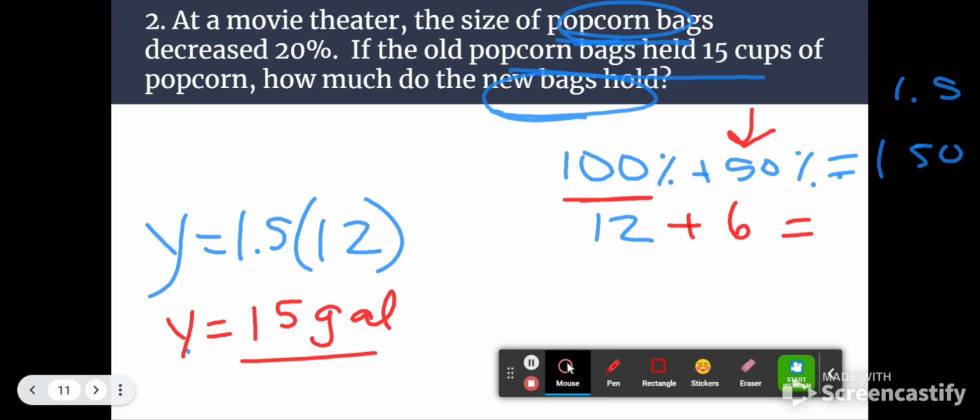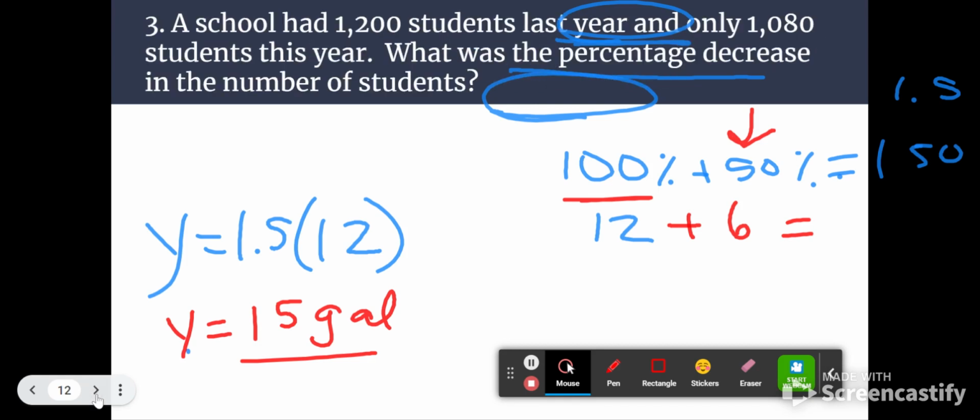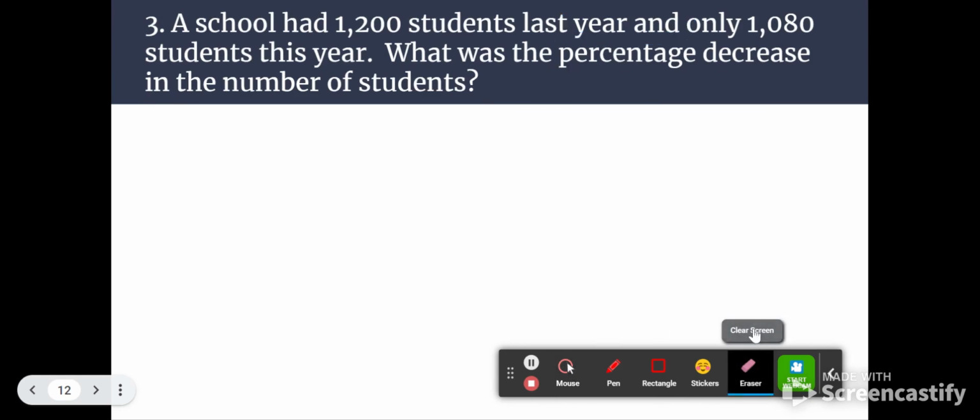Number 2. A school had 1,200 students last year and only 1,080 students this year. What was the percent decrease of the students? Now, we do not know what the percent is. We know the original.